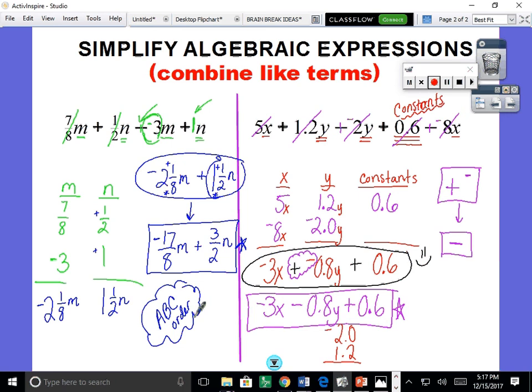ABC order was important to us today. And even showing improper fractions, but making sure they're in simplest form. That makes for a good final answer also. And we did some decimal review, so again, we're really applying our integer rules, our decimal rules, and even some fraction rules along the way.